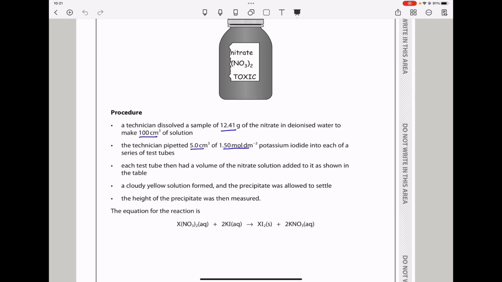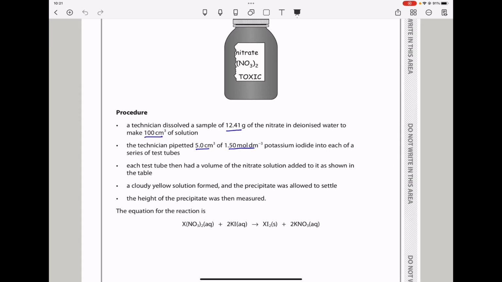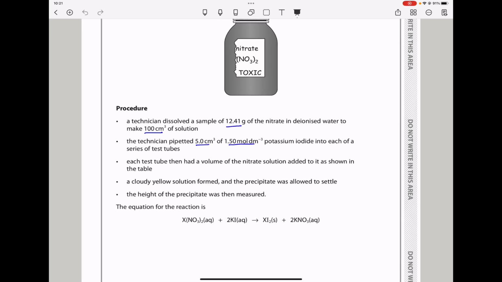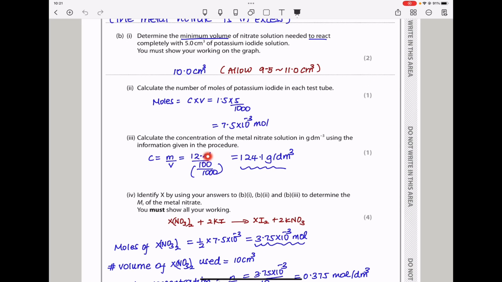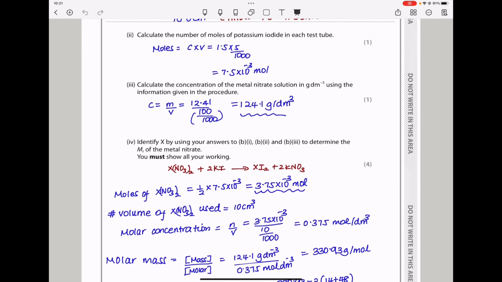So we're going to divide 12.41 by 100, which is divided by 1,000, so that this is converted to decimeters cubed, so that we can get our mass concentration in grams per decimeter cubed. So the key thing is 12.41 divided by 100 divided by 1,000, converting this to decimeters cubed. It gave me 124.1 gram per decimeter cubed as the mass concentration which is required here. You can see gram per decimeter cubed, so mass concentration.